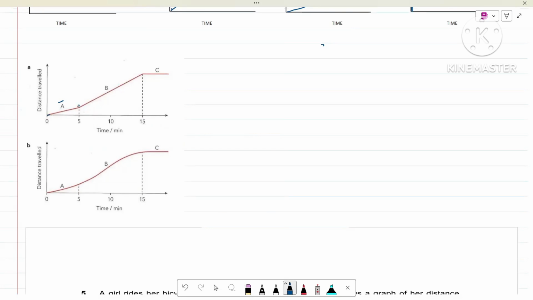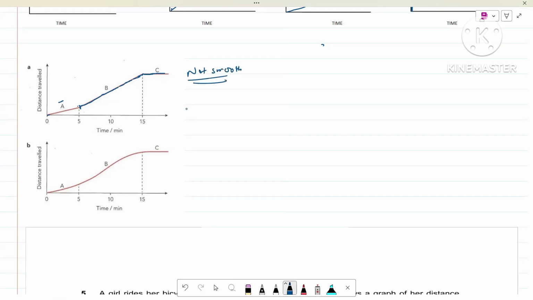Now from this point, at 5 minutes, the slope is increasing, the gradient is increasing, and the gradient of a distance time graph is speed. This means suddenly at this point, speed is increasing. At 10 minutes, suddenly the gradient became 0. This means the particle came to rest. But you can see a sudden change in speed taking place, so this journey will not be smooth.